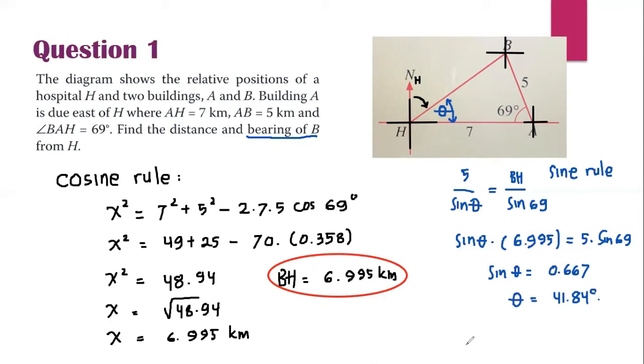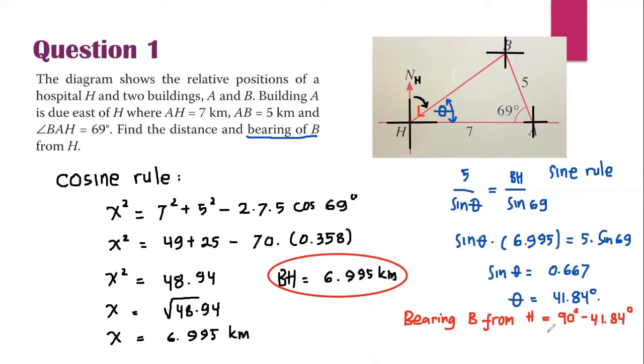Now bearing. Bearing B from H means north H to B equals 90 degrees minus 41.84 degrees, right? This one is 90.